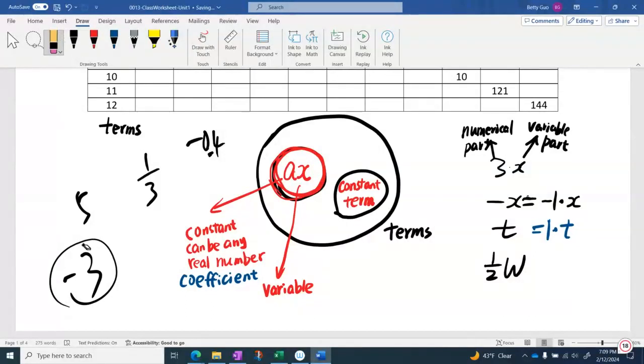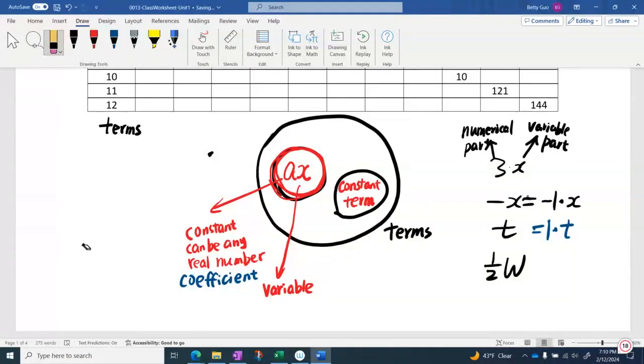At this point, we only need to know two basic types of terms. The first is a number times a variable. Look at this again to see if you are able to tell -x is a term with coefficient -1, variable part x.